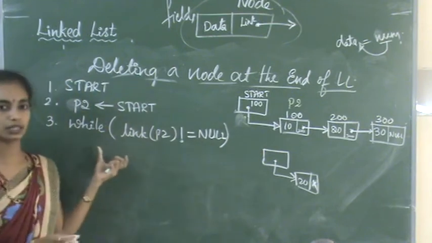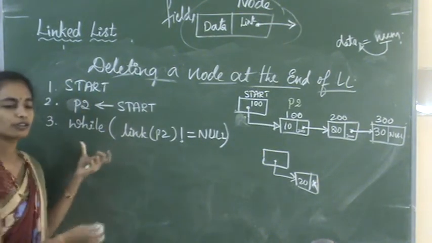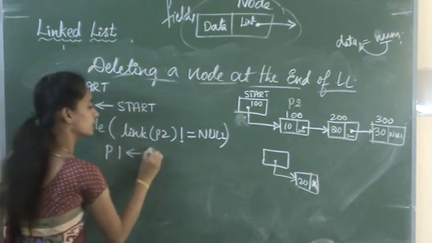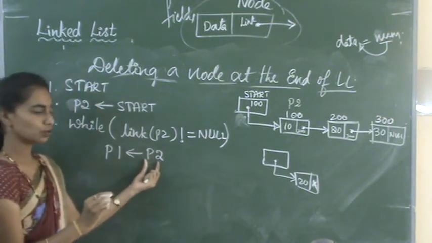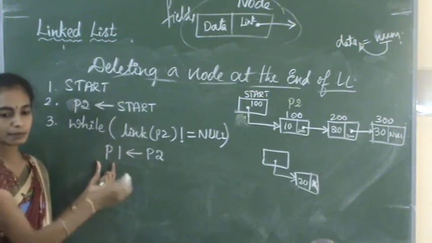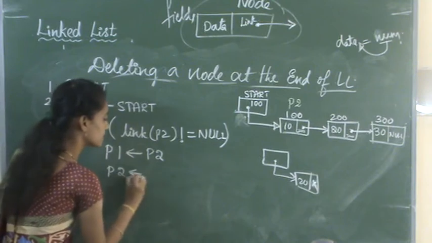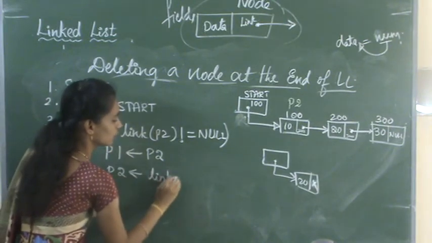If it is not equal to null, we have to assign P2 to P1. So we make P2 as P1, and P2 as the next element.